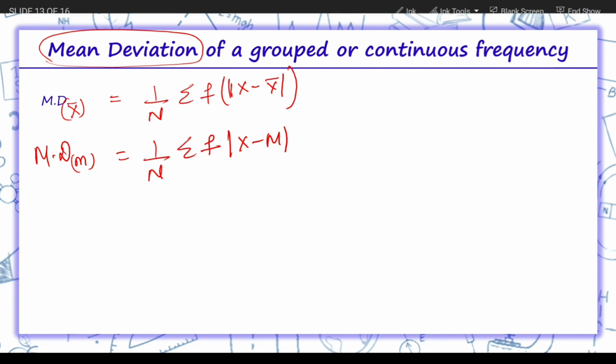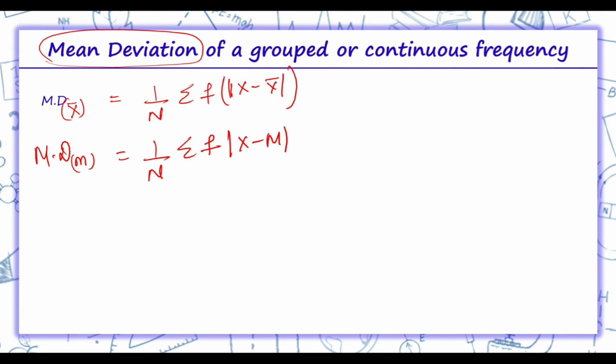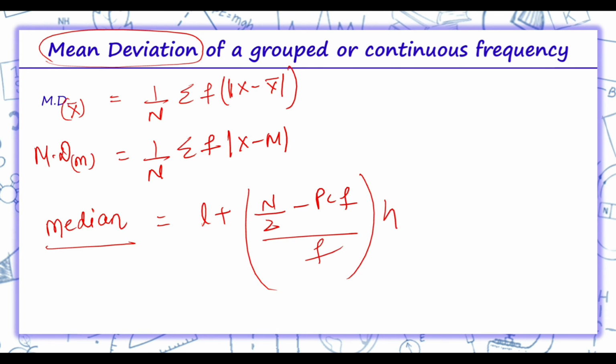But for grouped or continuous frequency, the formulas for median and mean are different. The formula for median is L plus n by 2 minus PCF upon f, into h, where L is the lower limit of the median class, PCF is the previous cumulative frequency and f is the frequency. The formula for mean is summation fx by summation f.